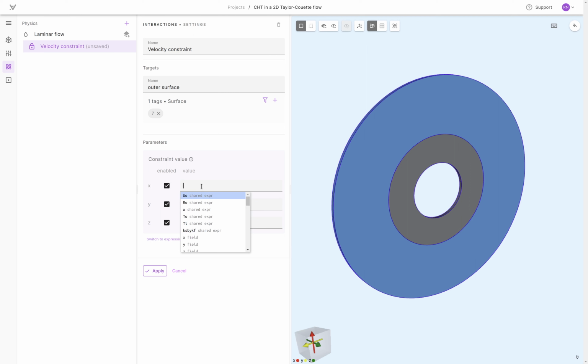The x component would be angular velocity times the y coordinate, and the y component would be negative angular velocity multiplied by the x coordinate. Since it's a 2D flow, the z component of the velocity is set to 0.